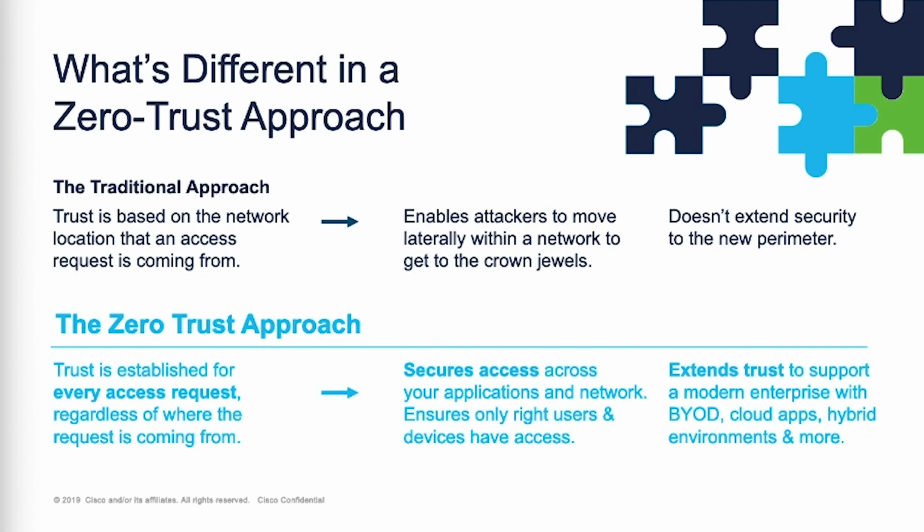In a zero trust approach, trust is really more dynamic and adaptive, and it's really important to establish trust at the point of access each time there is a request. This approach really helps prevent attackers from moving laterally within the network to get to your data, and if the security happens right at the point of access, it only allows the right users and devices to gain access into the system.